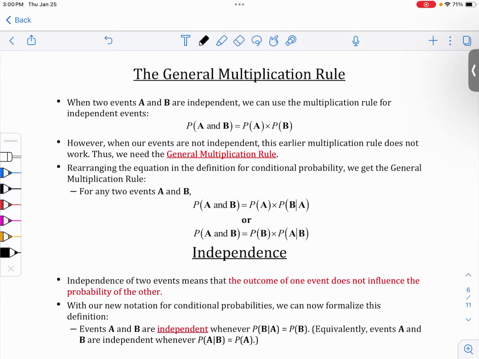However, if A and B are dependent, then the probability of A and B equals the probability of A times the probability of B given A, or the probability of B times the probability of A given B. So once again, and always means multiply, but what is being multiplied changes. And this comes to that big thing that I said, okay, we're gonna put that aside for the moment.